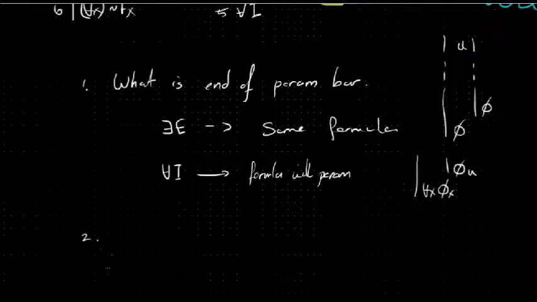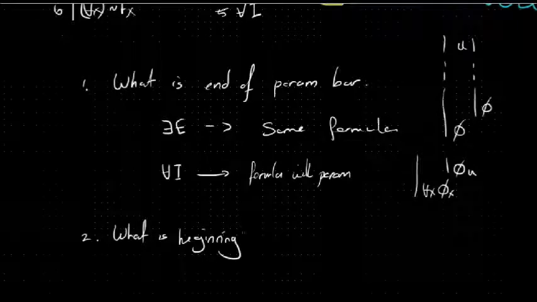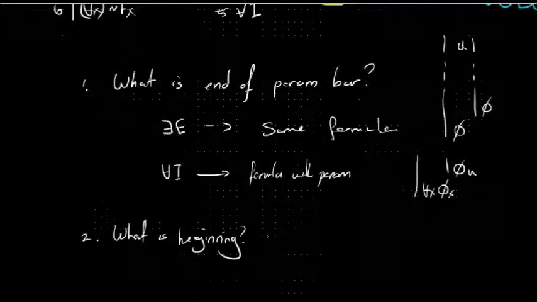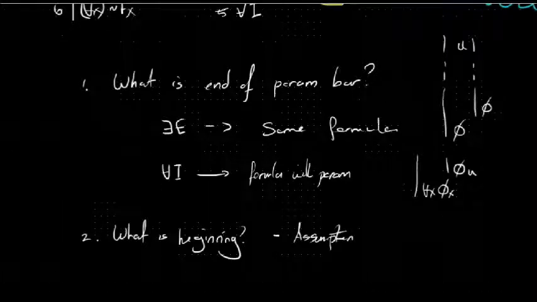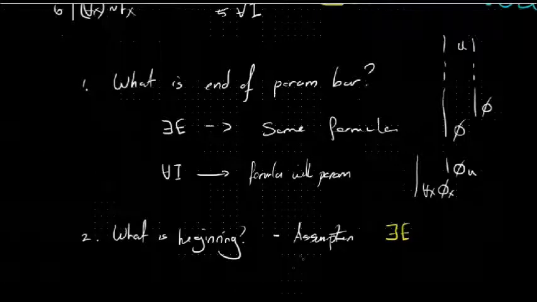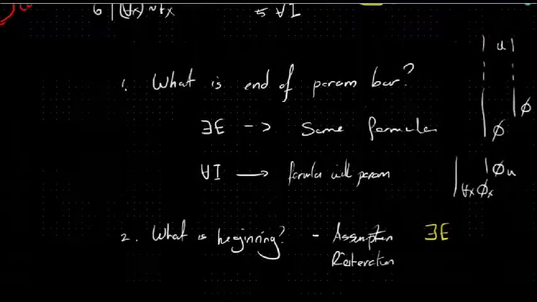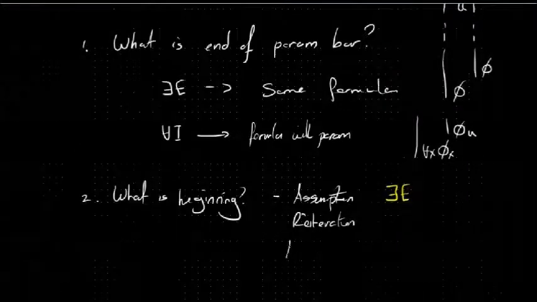And then after that, just establish what is the beginning. So that could be an assumption, in which case it's going to be an existential elimination. It could be a reiteration, or it could be an assumption on a new scope bar.